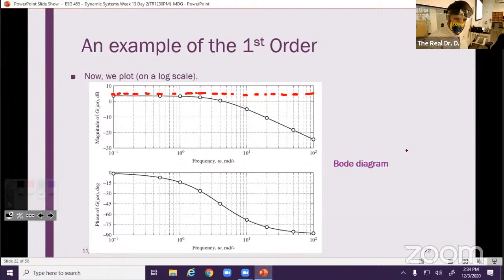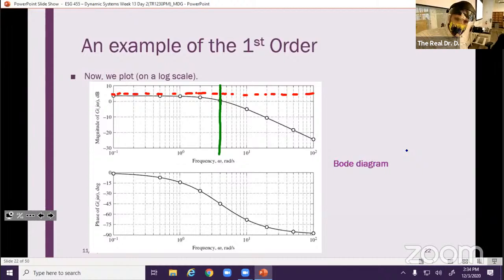My corner frequency was 4 radians per second. So that's 1, 2, 3, 4. This is 4 radians per second right here. And at this point, I am going to lose 20 dB per decade. So every 10 ticks, I will lose 20 decibels.